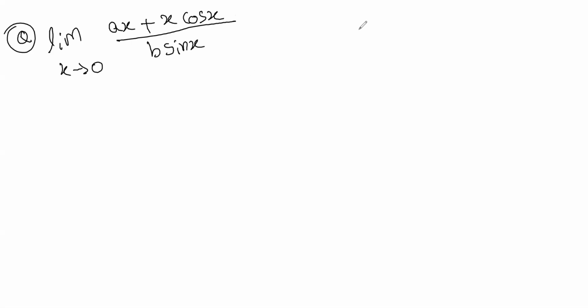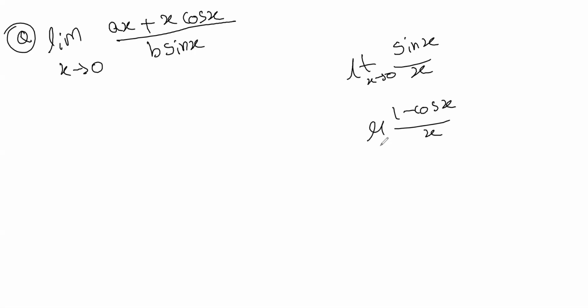When you see sin and cos, the only thing your mind should strike is that it should come in sin x by x form or 1 minus cos x by x form, right? Now here it is 1 plus cos x, so we can't change the sign of a cos. So in most cases you have to take it in sin x by x.